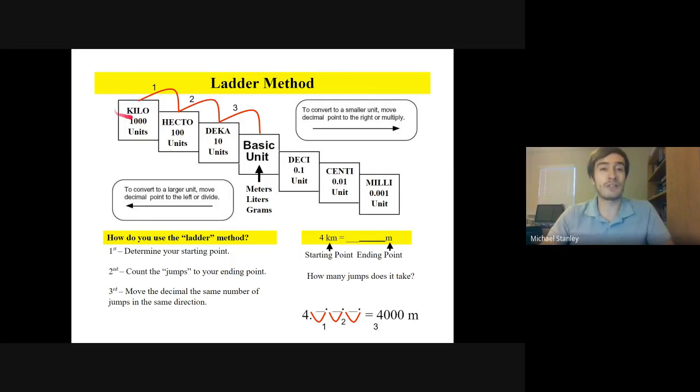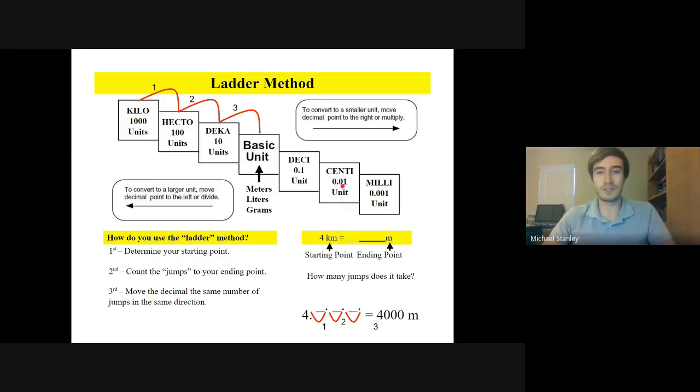Up here we have our kilo, whether that's kilometers, kiloliters, or kilograms. That's kind of our 1,000 unit. So remember, 1,000 meters makes a kilometer. 1,000 grams makes a kilogram. And then down here we have our centi for our centimeter. So again, 1 centimeter is a 100th of a normal meter.